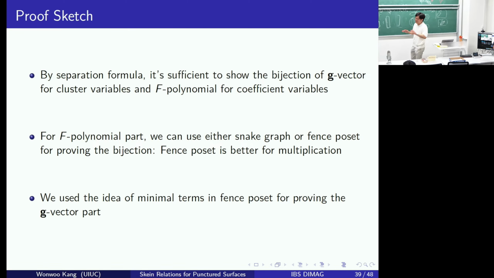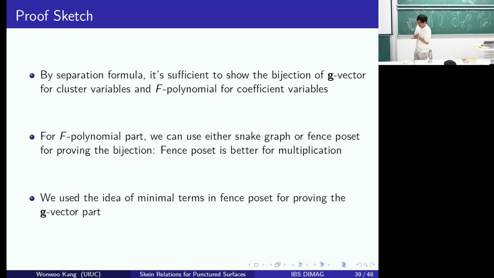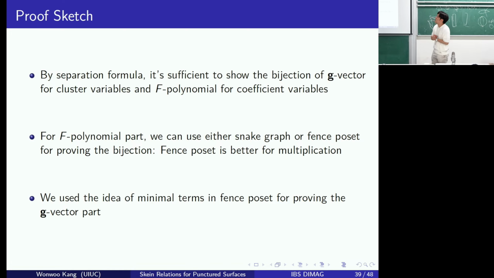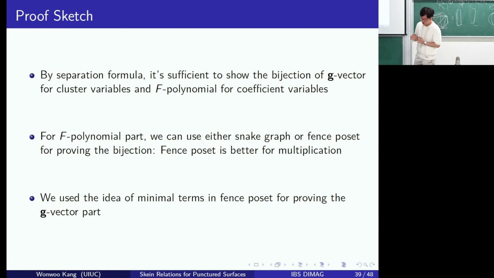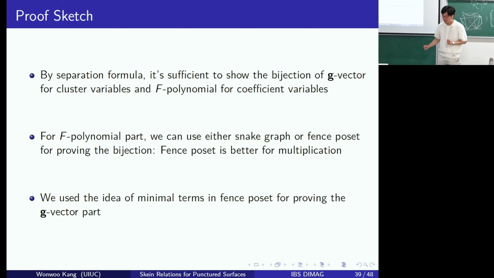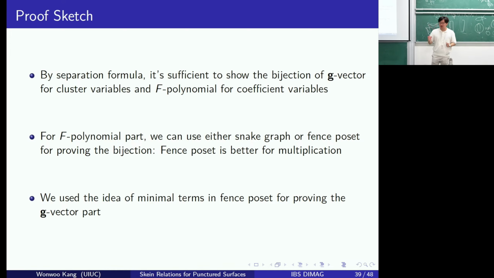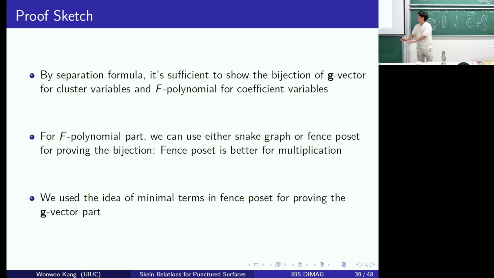So the sketch of the proof is, in the cluster algebra, there's something called a separation formula. Separation formula means that you can think of x with something called a g vector, and you can think of y with something called an f polynomial. So the big idea is that we need to find a bijection of this g vector and f polynomial.